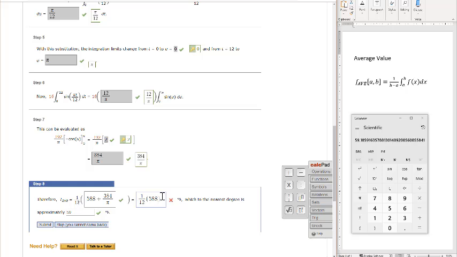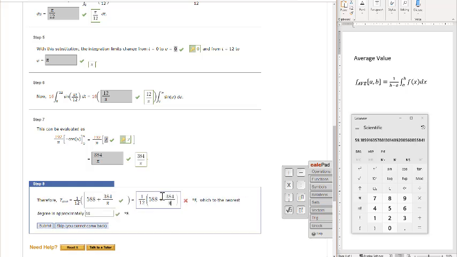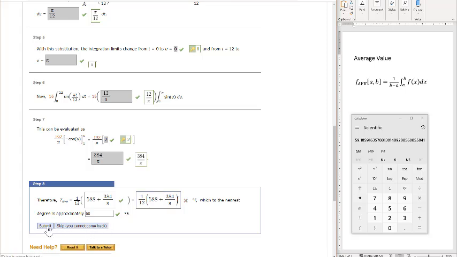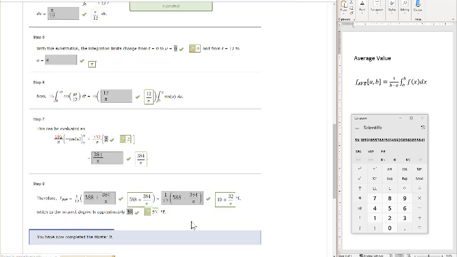I suppose you can find common denominators here, but I'm just going to skip that part. 384 divided by pi and close parentheses. So that's the exact value. If you multiply this through, this simplifies to 49 plus 32 over pi.